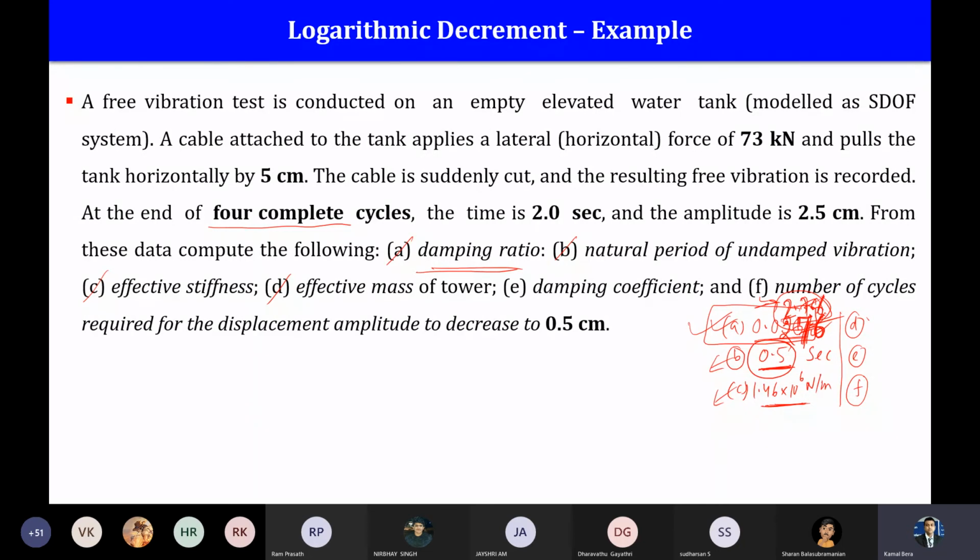Zeta is 2.76%, right? Put it there, you will get omega n. Then I will find the effective stiffness K equals the force we applied, that is 73 kilonewton, divided by the static displacement, that is 5 centimeter. So use the units properly, you will get the stiffness. Now stiffness you know. You got the time period, omega n you got. Can you find out the effective mass? Now the calculation you have to do, boss.